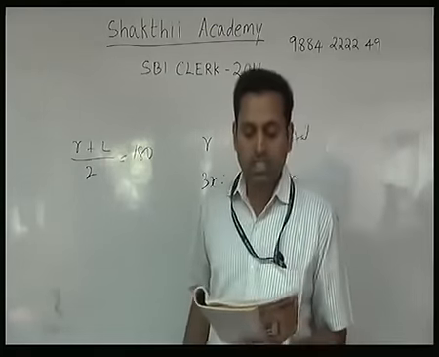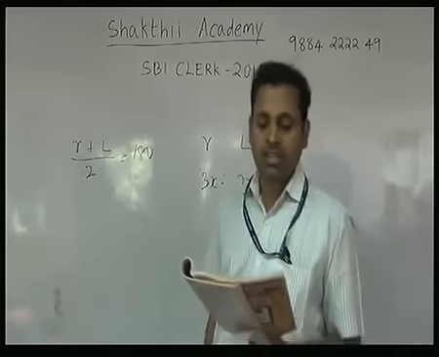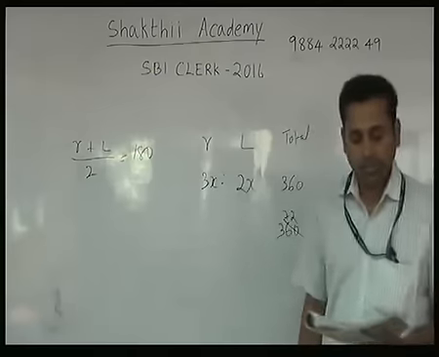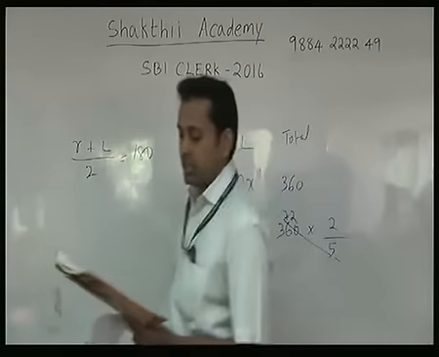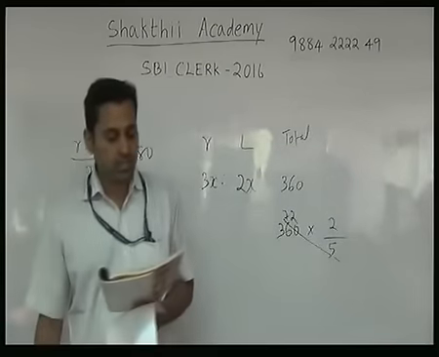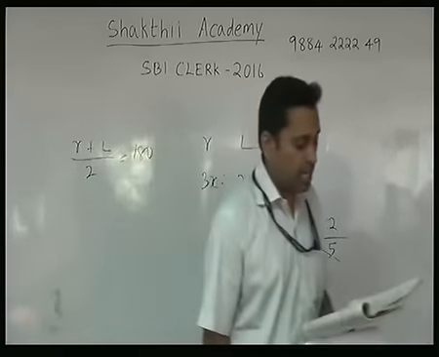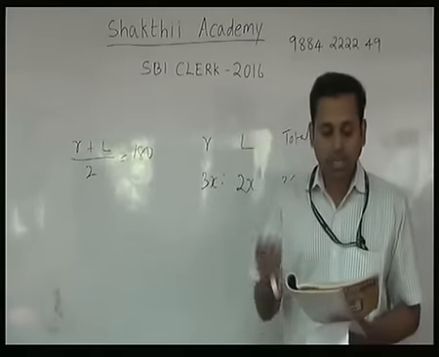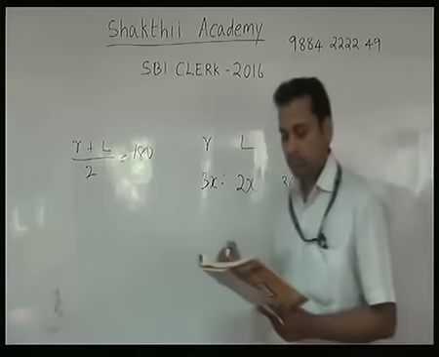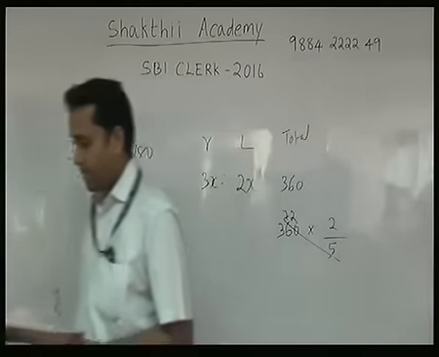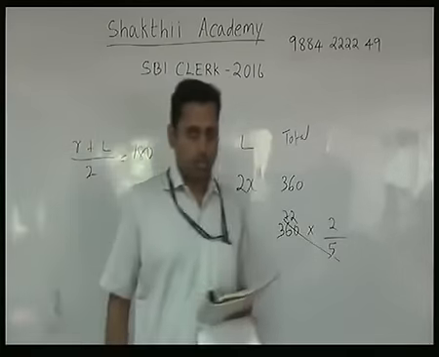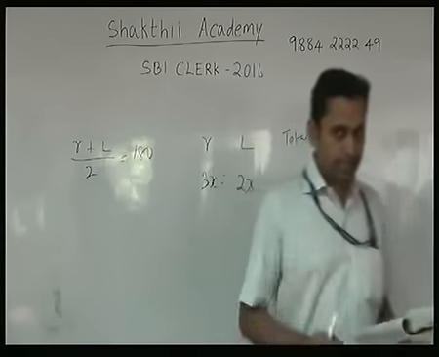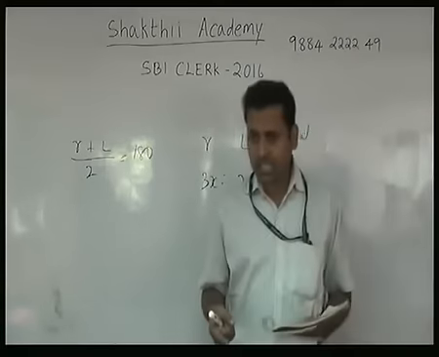Now we will take up the next question which came in the same exam. The number of students in institutes A and B were in the ratio 7:15 in 2012. Full stop.